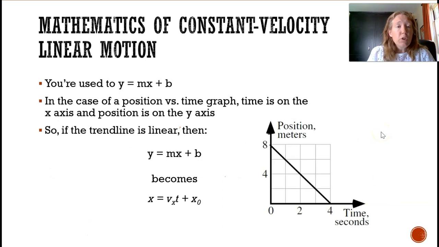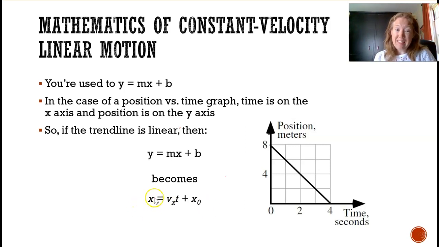Okay, so when we're looking at something going at a constant velocity, we will see a linear position-time graph. So we will have a function for position that is linear with respect to time. Okay, so we're used to y equals mx plus b, but in physics we are going to use variables that represent the quantities they're measuring.